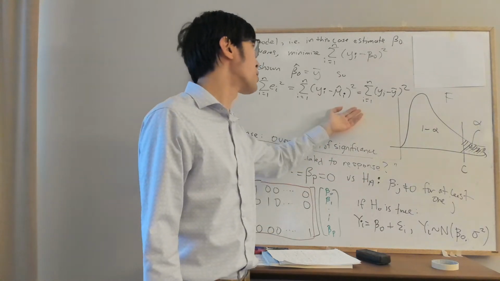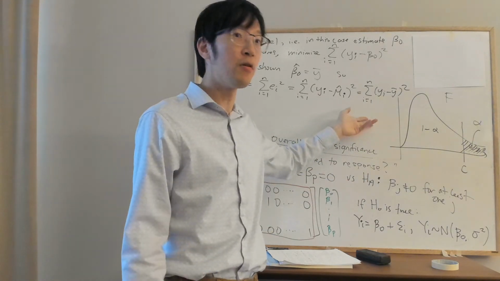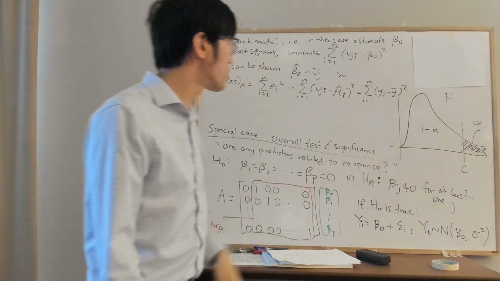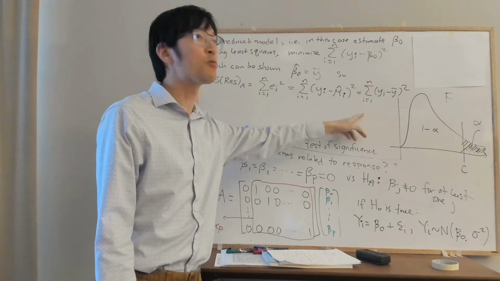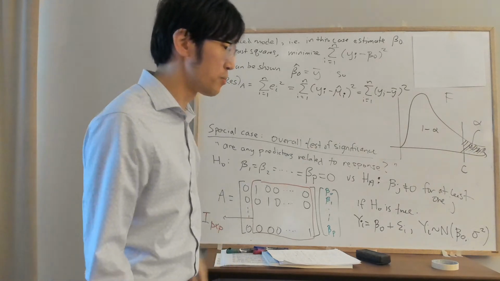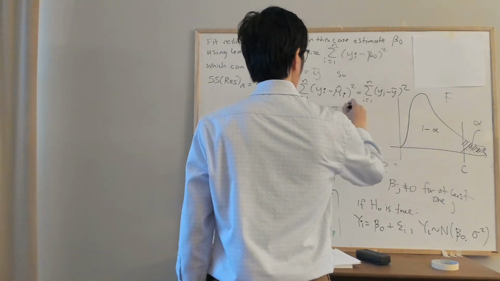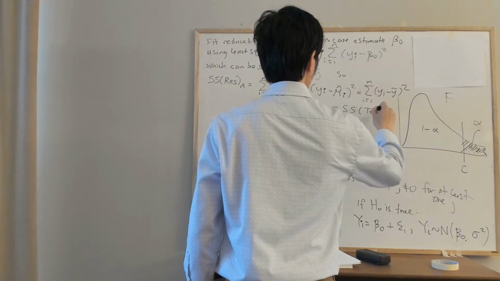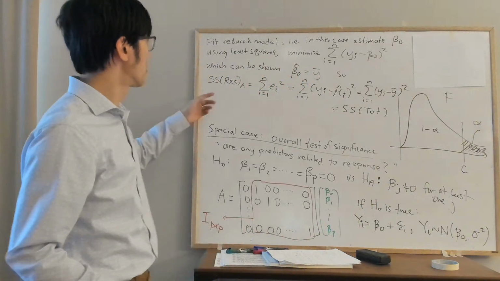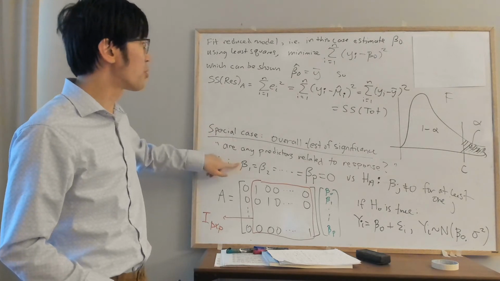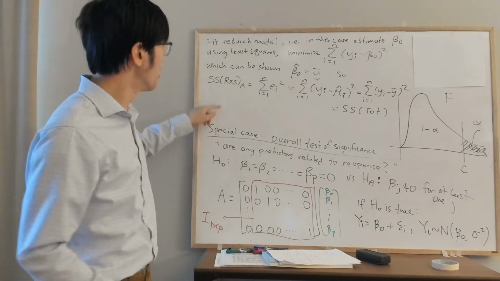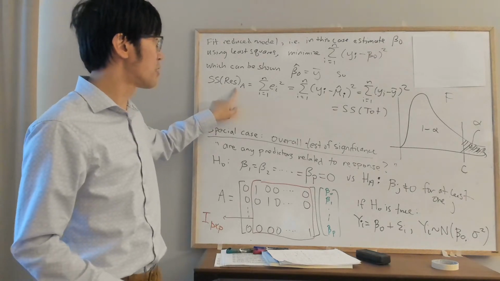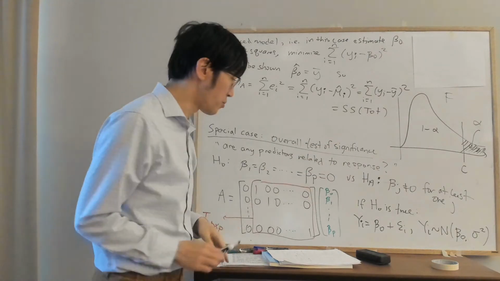In fact, this is n minus 1 times the sample variance of the y_i's, and this is a quantity we've seen in the ANOVA table. This is what we've called the sum of squares total. So we know now that when all the regression parameters except the intercept are 0, then the sum of squares residual under that constraint is simply the sum of squares total.